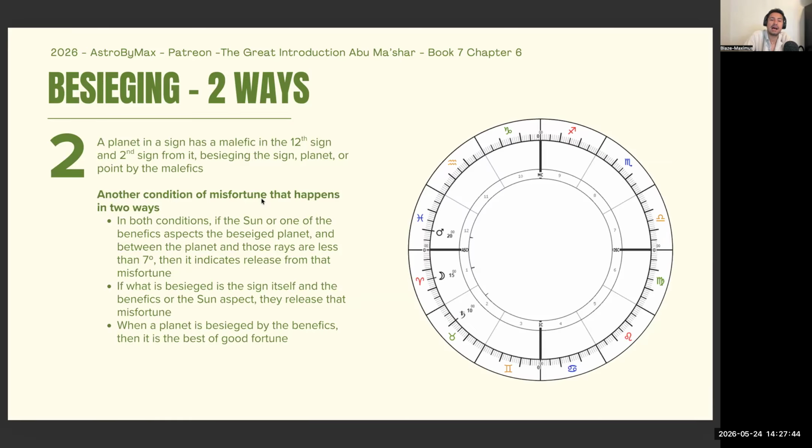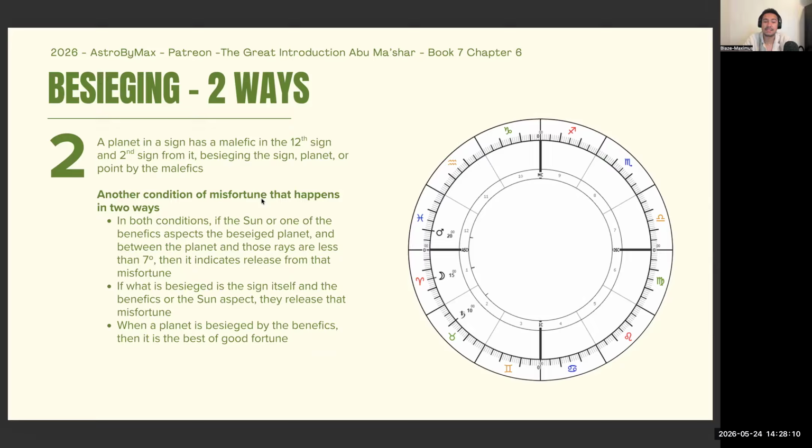Another condition of misfortune is that in both conditions, if the sun or one of the benefics aspects the besieged planet, and between the planet and those rays are less than 7 degrees, then it indicates release from that misfortune. And if what is besieged is in the sign itself and the benefics or the sun aspect, they release that misfortune.